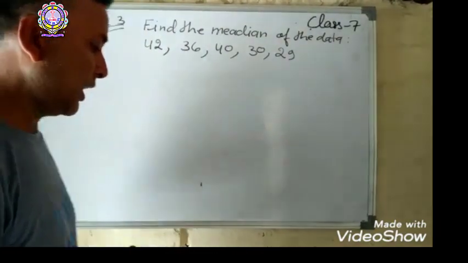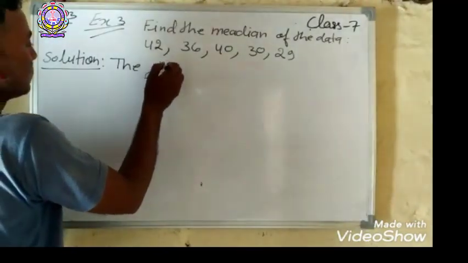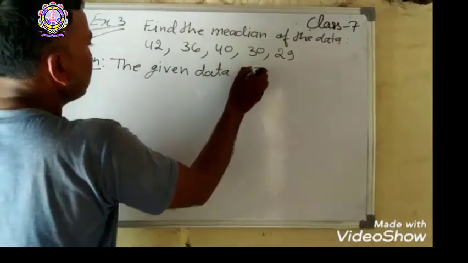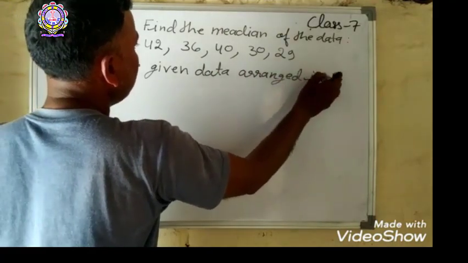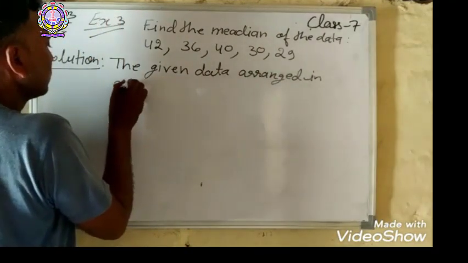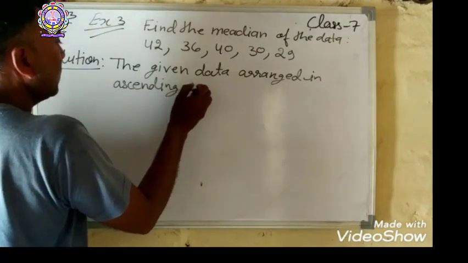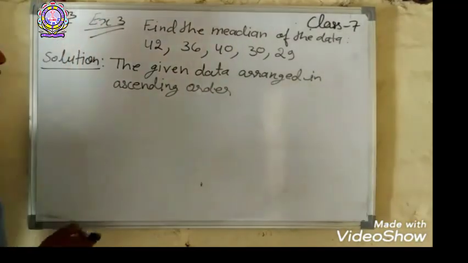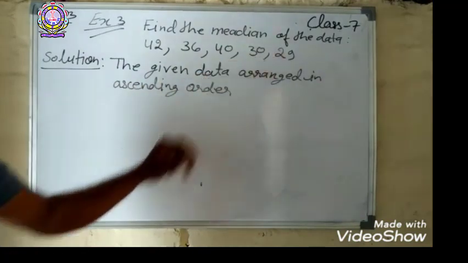The given data arranged in ascending order. Okay, so which is the smallest, the lowest value? That is 29.